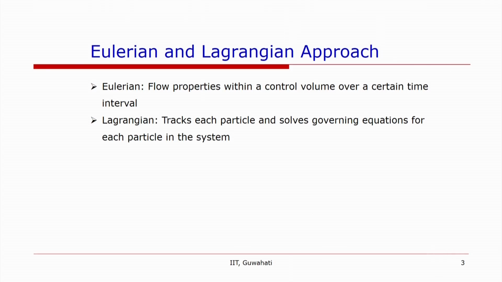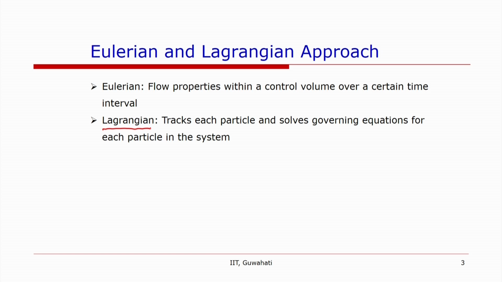Another fundamental thing that we would like to revise is the Eulerian and Lagrangian approach. There can be different approaches to analyze problems in engineering mechanics. In fluid mechanics, in general, two approaches are very popular. The first one is what we call the Lagrangian approach.